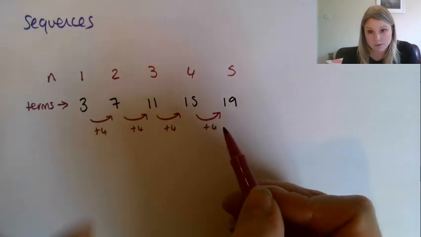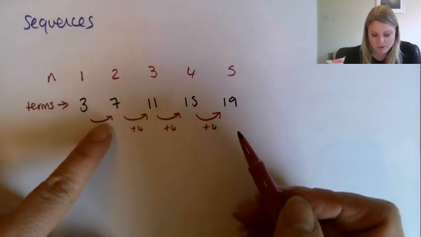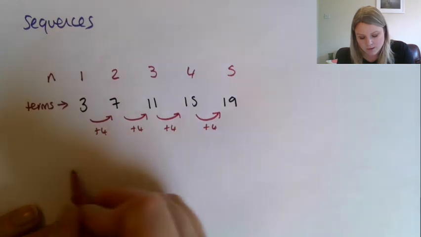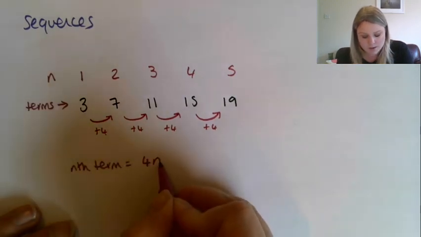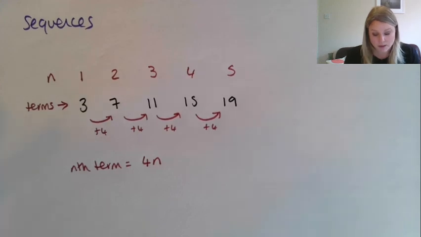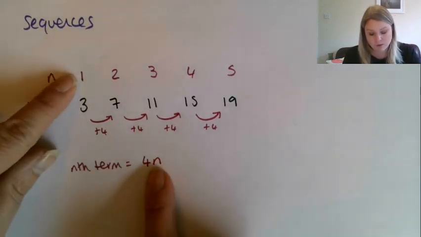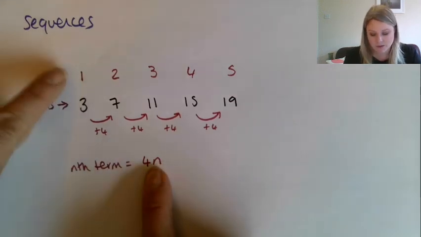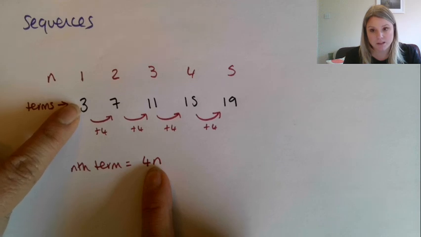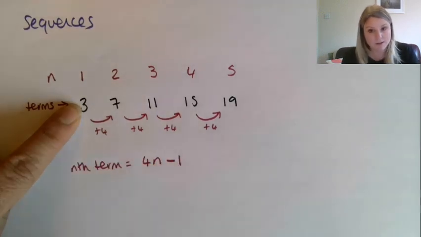And if you multiply n by that number, whatever they're going up by or down by, the nth term is going to be 4n, but we're not finished because that isn't necessarily right. So go back to your first one. When n is 1 and we multiply by 4, that gives us 4. Well, how do I get from 4 to 3? I take away 1, so I add that onto it. Always check it with some other ones.